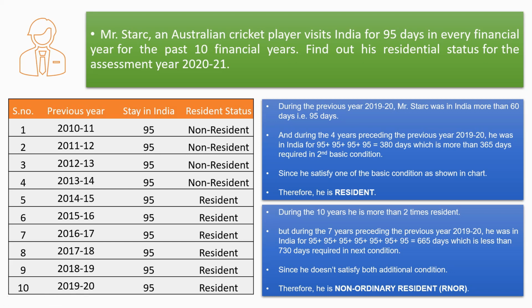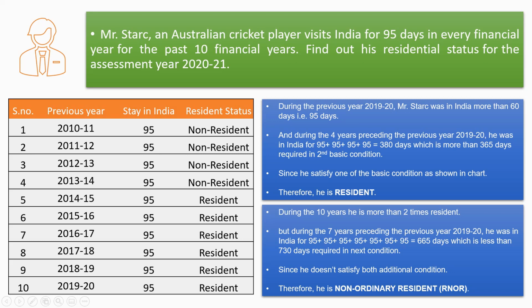As we can see, in 10 years preceding previous year, he is more than 2 times resident. Therefore, first additional condition is passed. Now let's check second condition. In 7 years preceding previous year total stay in India is 665 days, which is less than 730 days. That means second additional condition is not passed. Therefore, he is non-ordinary resident.